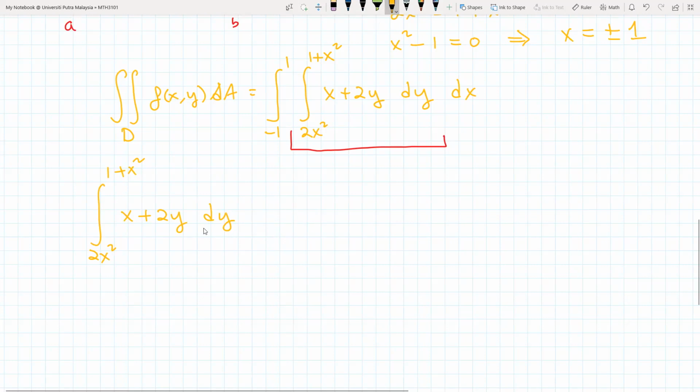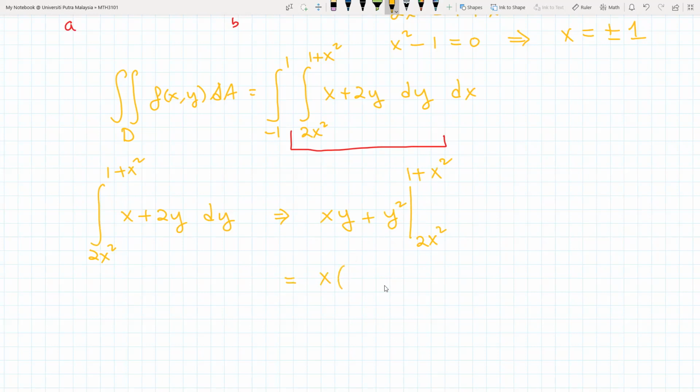Okay, so what to do first? So assume that x is constant. So in that case, integration x is a constant, so that will be xy plus y squared evaluated from 2x squared and then 1 plus x squared. Okay, so maksudnya kita masukkan nilai y.